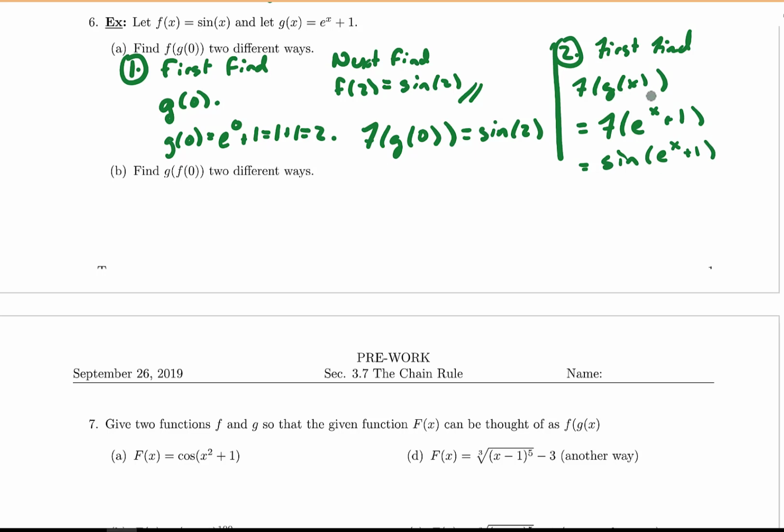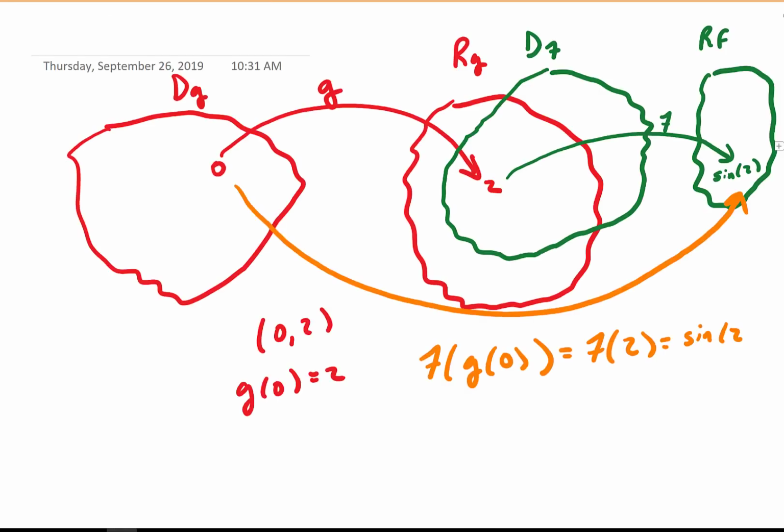And now I've built the composition function. So now let's find f of g of 0. That's just equal to sine of e to the 0 plus 1. And it should seem like we're doing the exact same thing. We are, but we're looking at it through sort of a different lens. Rather than doing the two-step procedure to find out that 0 got mapped to sine of 2, we built a new function, the composition function, that would do both steps at once.